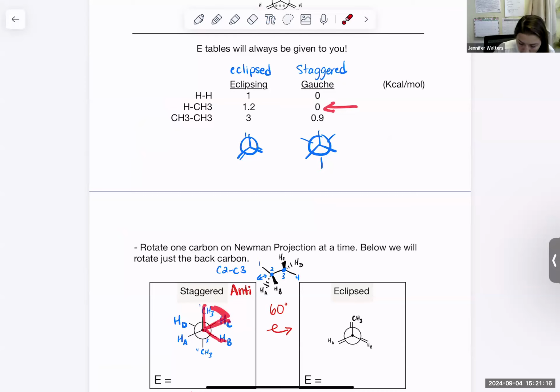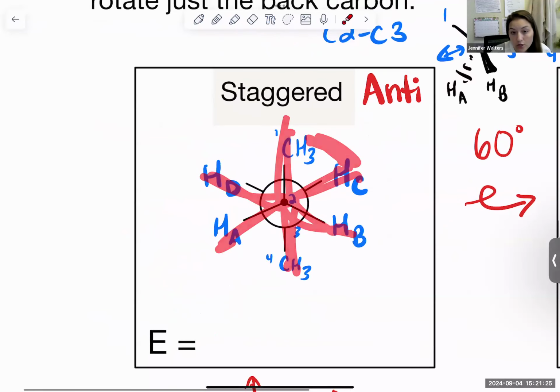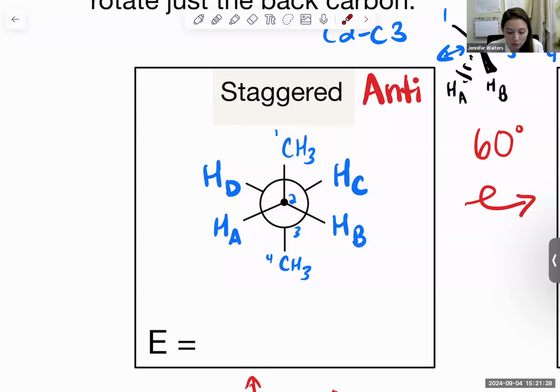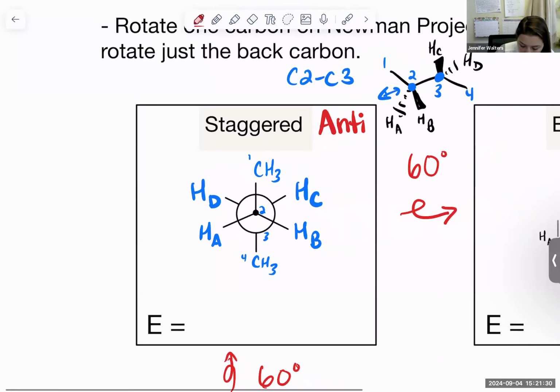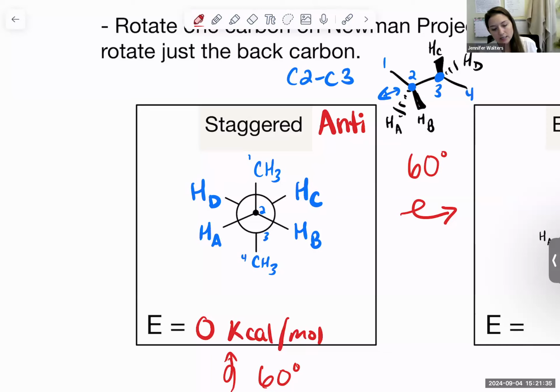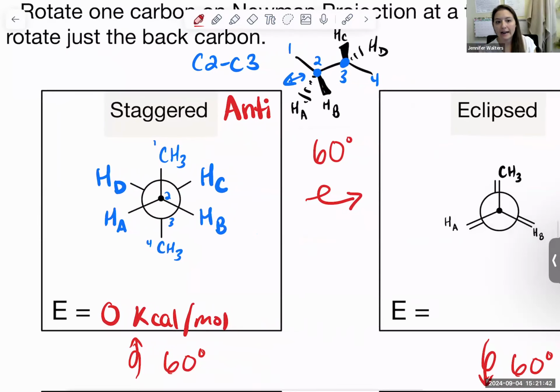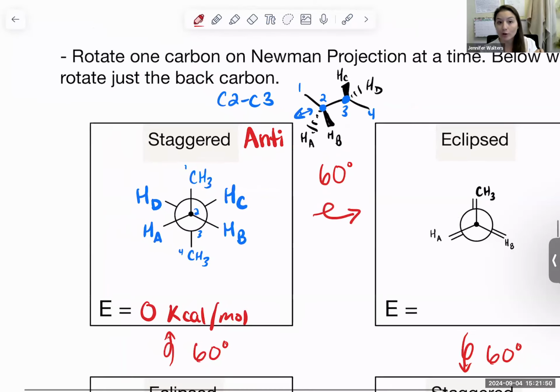What is the HH? That's 0. HCH3 is 0. HCH3, 0. HH, 0. HCH3, 0. Because I don't have 2 non-hydrogens next to each other. So I could have really easily just said, this is going to be 0 kcals per mole. And I can immediately do that because it is the anti conformation and I don't have 2 non-hydrogens next to each other. There are no gauche interactions for this molecule. Some of them will have gauche interactions.